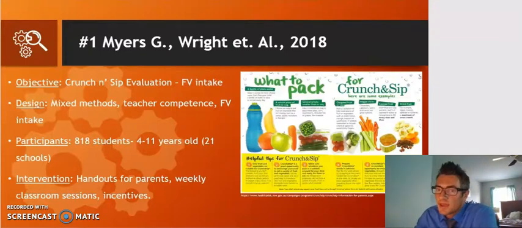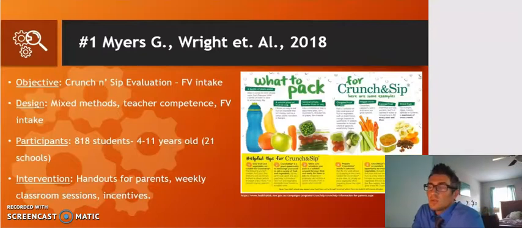So this program has a session each week where children are taught educational material about fruits and vegetables, and they are also allowed to bring a snack. And they were encouraged and rewarded to bring a fresh fruit or vegetable or an item that fell within the guidelines of a healthy snack.